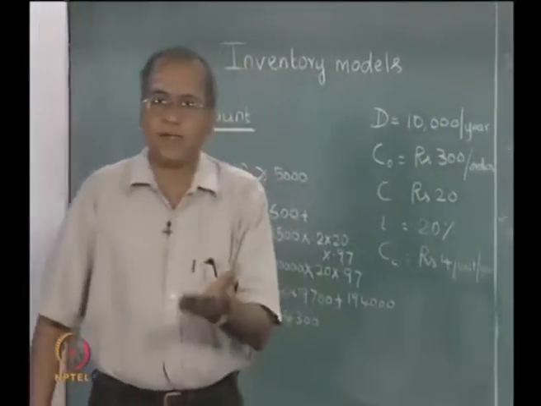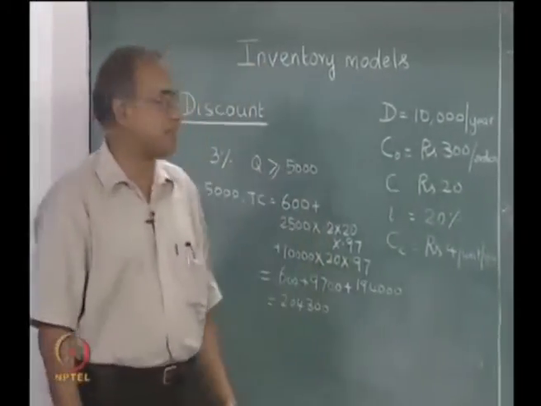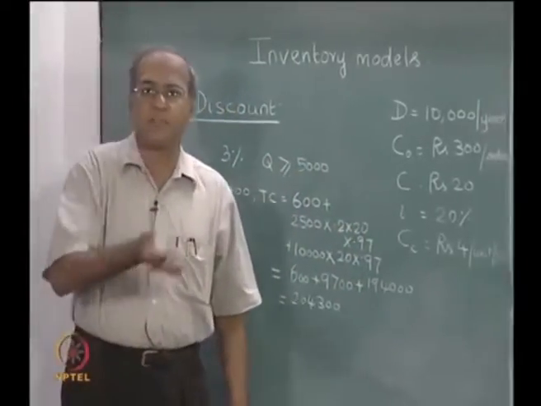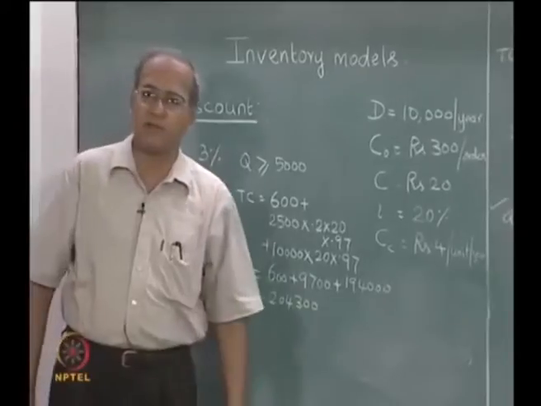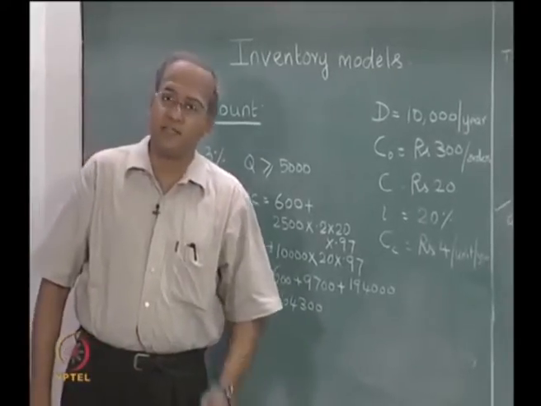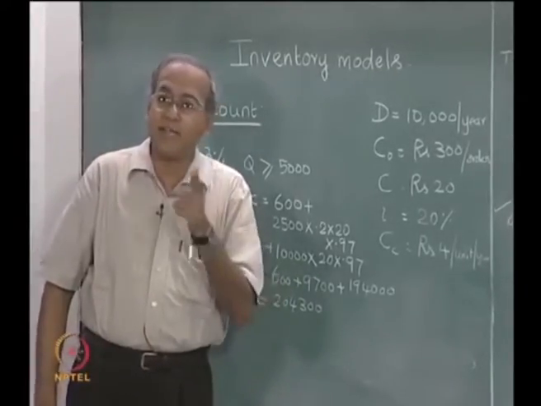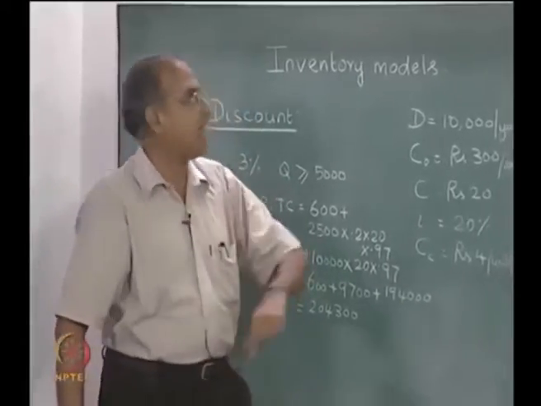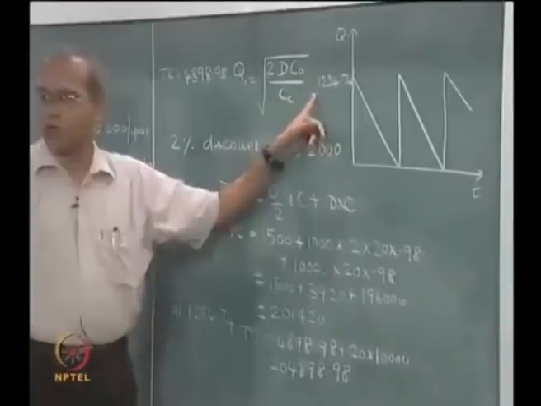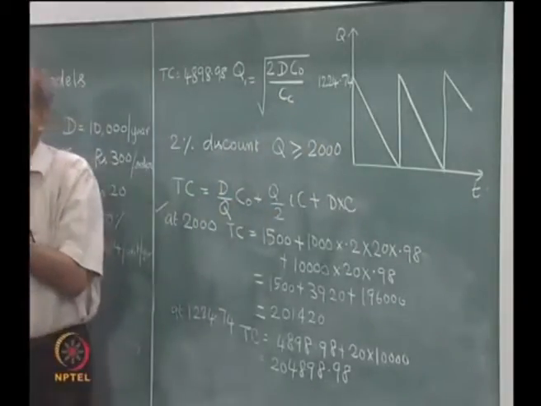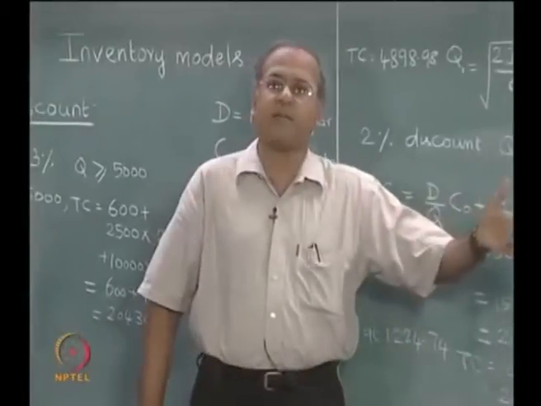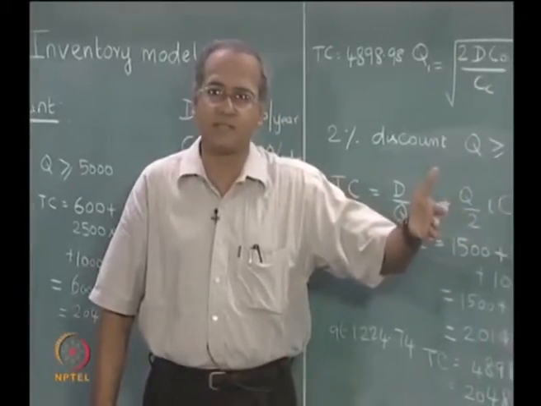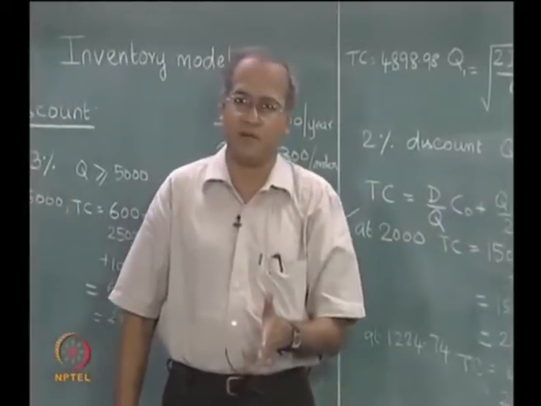The only other part is the case where there is a price break before the economic order quantity. Let us say there is a 0.5% discount at 1000, then in such situation we will try and avail that 0.5% discount not at 1000 but at 1224.74. So, if there is a discount at a quantity before the economic order quantity, then we will try and avail that discount at the economic order quantity.